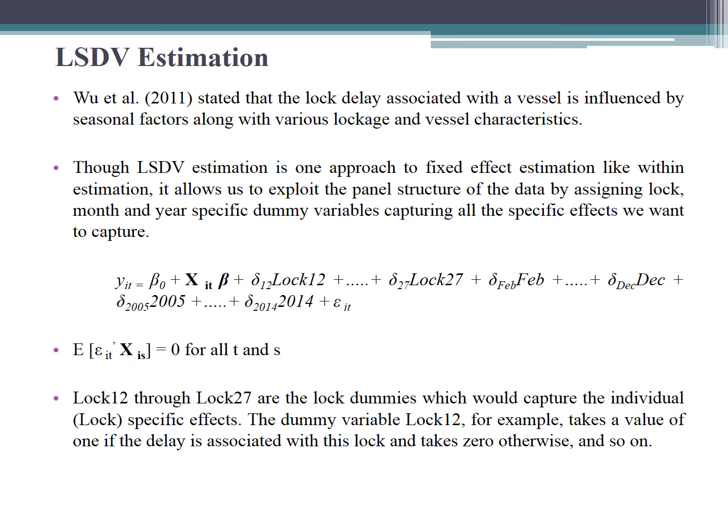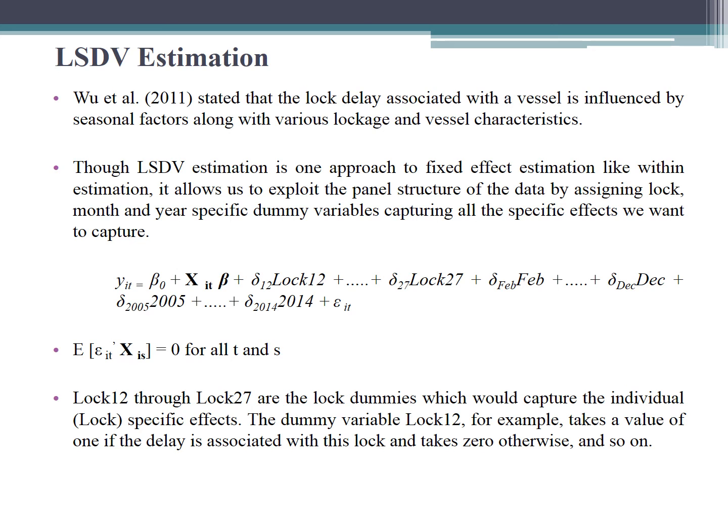by assigning lock, month, and year specific dummy variables. So the specification looks like this, where we have included all the dummies and we dropped out the dummies for lock 11, month of January, and the base year 2004. Dropping those dummies allows us to get rid of the issue of multicollinearity.